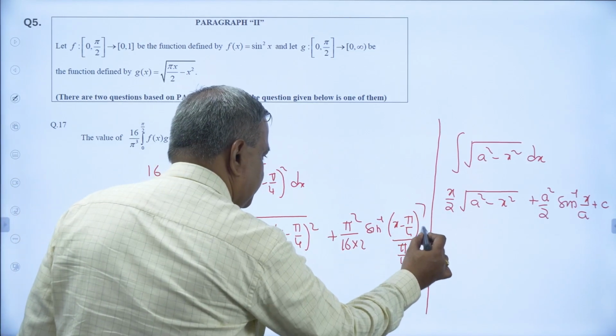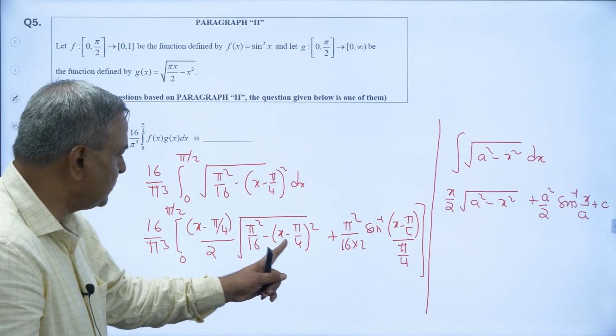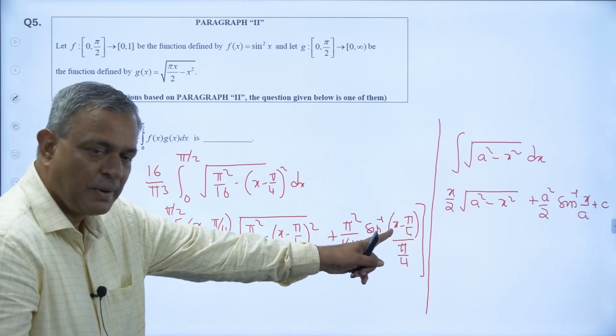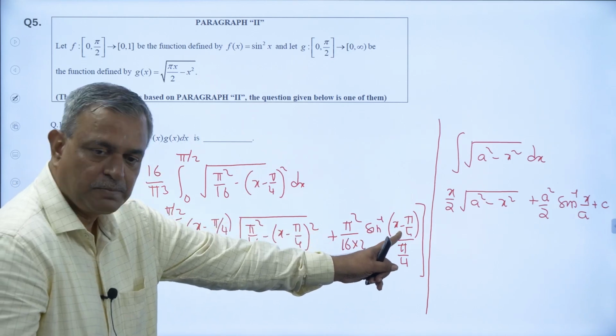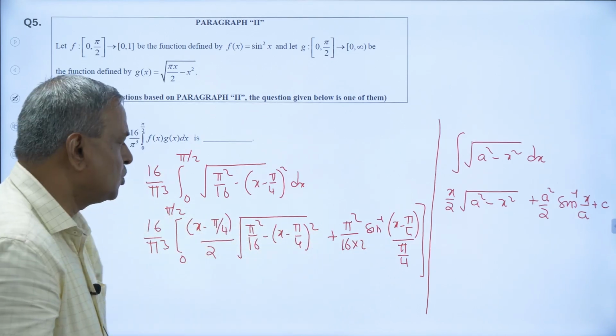Now put the limits. If you put the upper limit pi by 2, pi by 2 minus pi by 4 is pi by 4, pi by 4 over pi by 4 is 1, sine inverse 1 is equal to pi by 2.